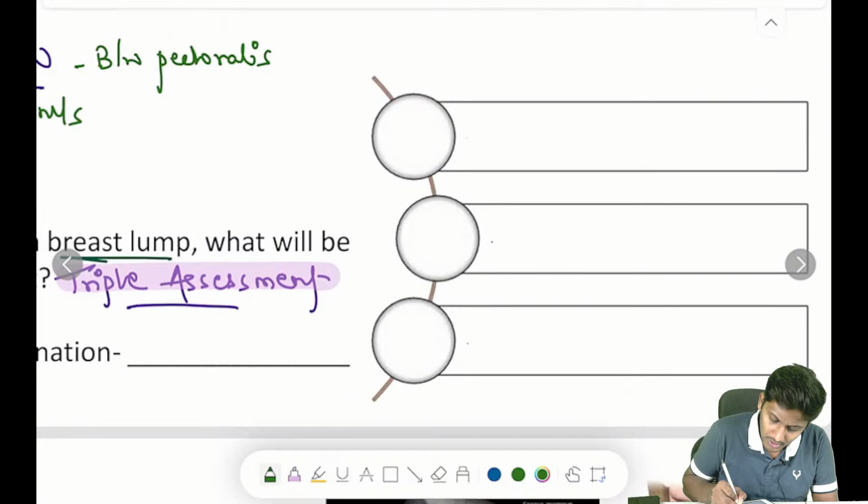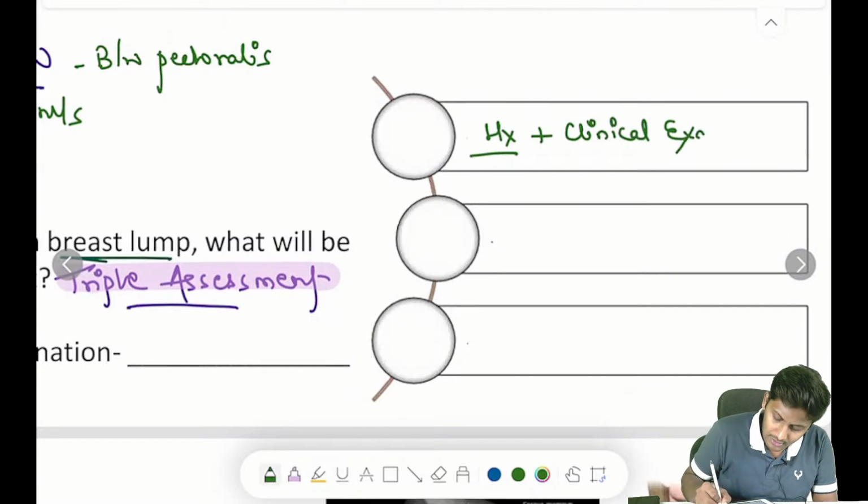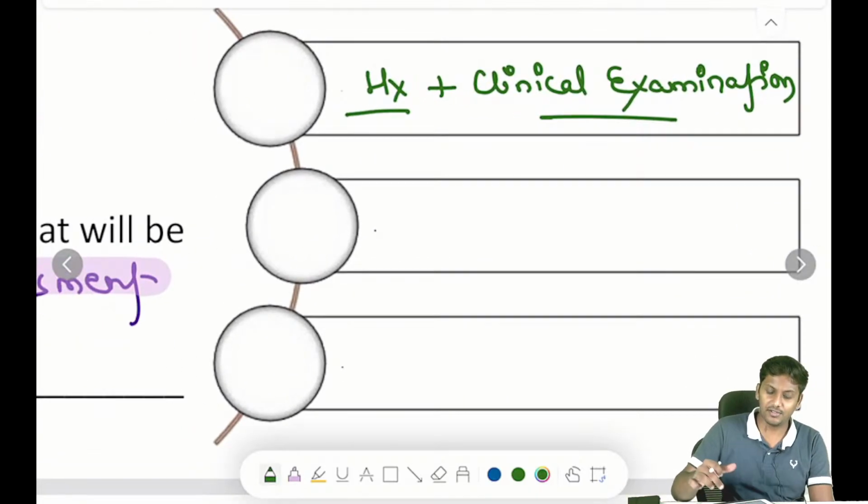Anything can be there. Therefore proper history taking should be done, and along with that clinical examination. So the first step in triple assessment is history taking plus clinical examination. That has to be understood.